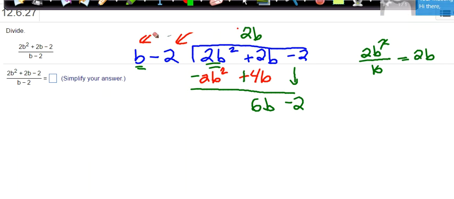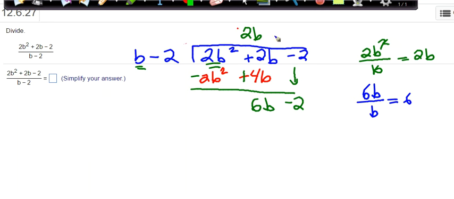We're going to ask ourselves, what do I multiply times b to get 6b? Well, we're going to multiply 6 times b to get 6b. And we can see that with the division problem too. If we take 6b and divide that by b, we're going to have just 6.